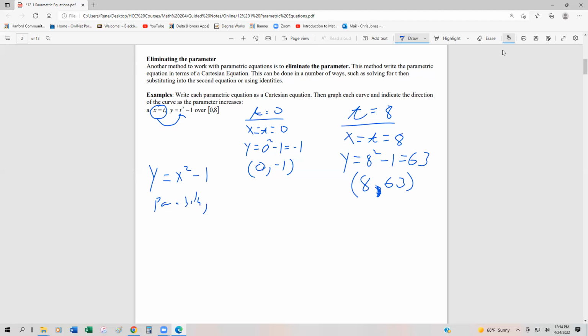It's a parabola shifted down 1 unit, concave up, translated 1 unit down from the origin. Now, of course, these are the initial and terminal points.